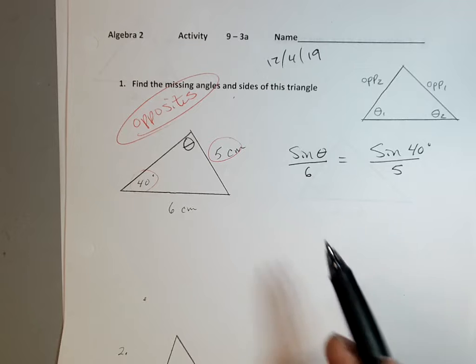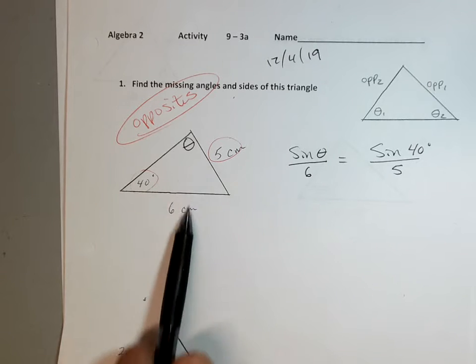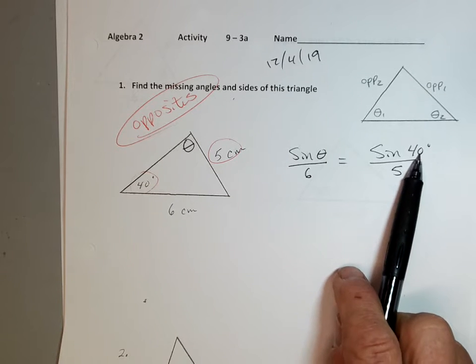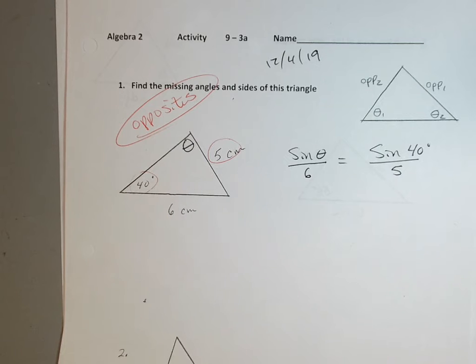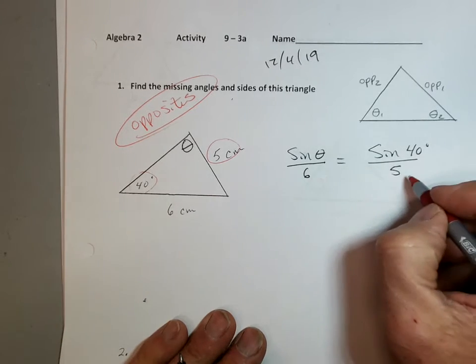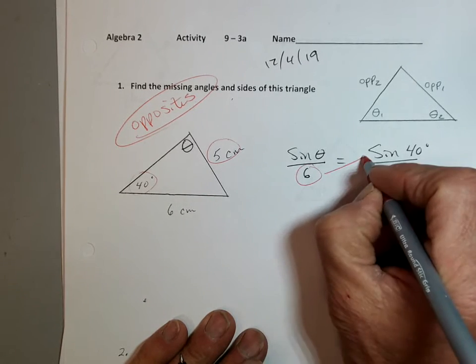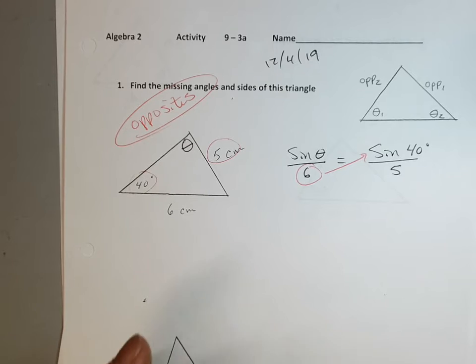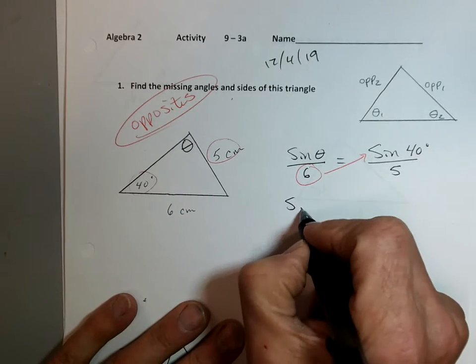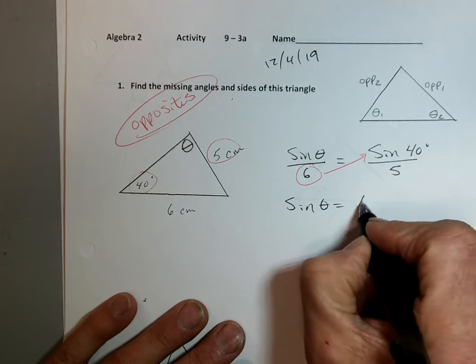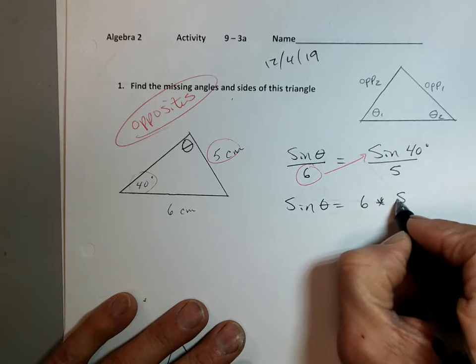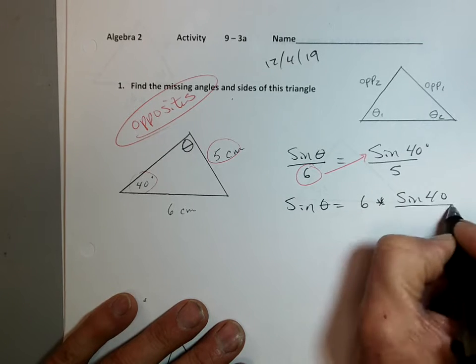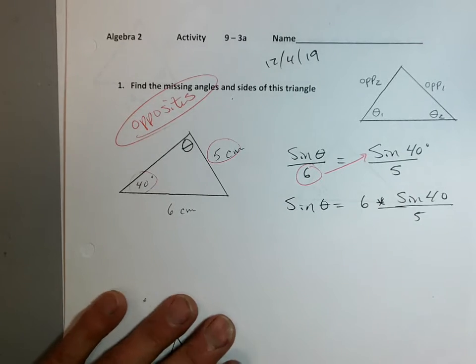So it's the sine of an angle over its opposite side, equals the sine of an angle over its opposite side. Once you have it set up, we're just going to cross multiply and solve. So I'll take the 6 and multiply it up. I'm going to have sine theta equals 6 times the sine of 40 over 5.